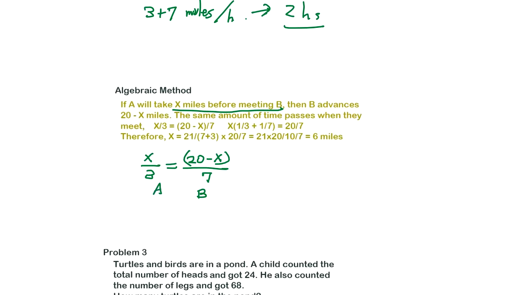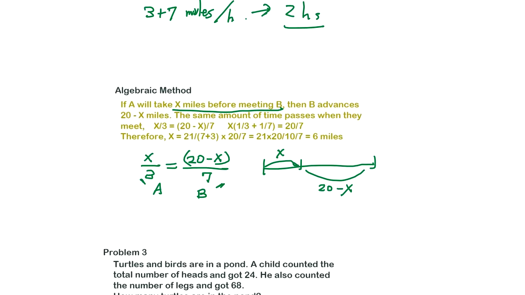So if you know the distance x here, then distance divided by speed and distance divided by speed should be equal, right?